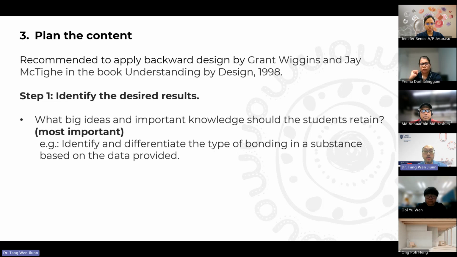When we plan the contents, it's recommended for us to apply the backward design. What is meant by backward design here? Normally, just think back on how you prepare your lesson. Do you start from the reference book you have? Then you see, this reference book says I have to start with A, B, C, D, E, and you put that in your lesson. That is what people normally do, right?